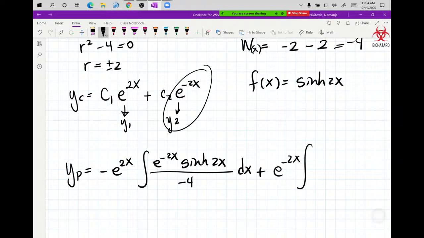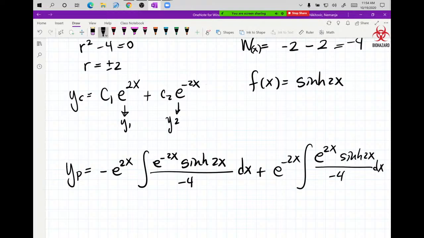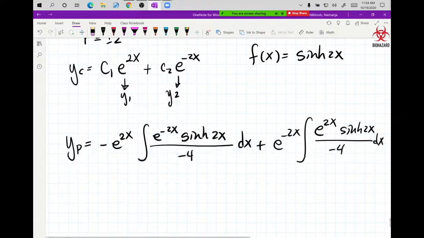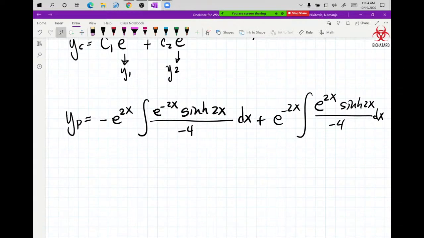Since you put y2 outside, y1 goes inside, times sine hyperbolic 2x over negative 4 dx. And all you need to do is to integrate this, and you're done.